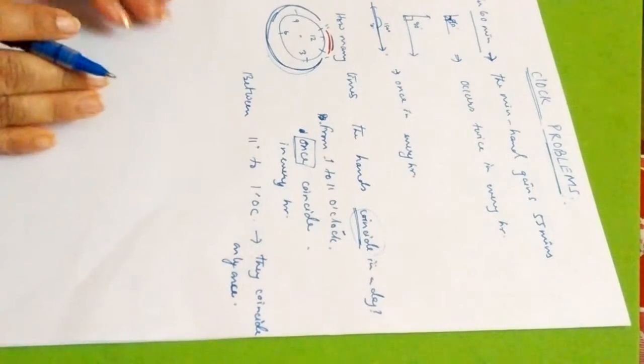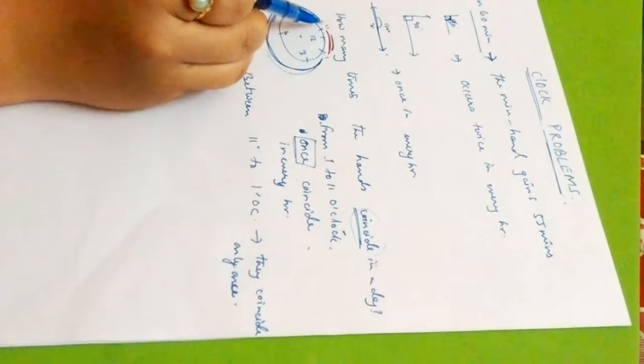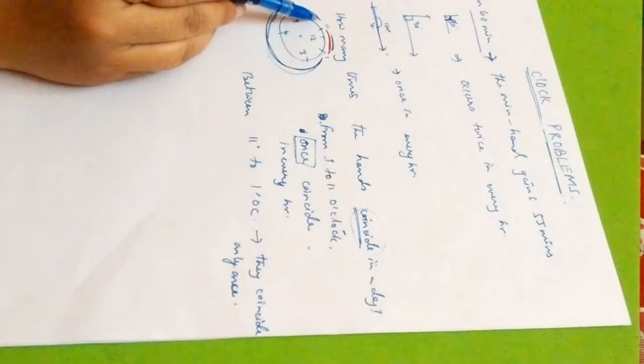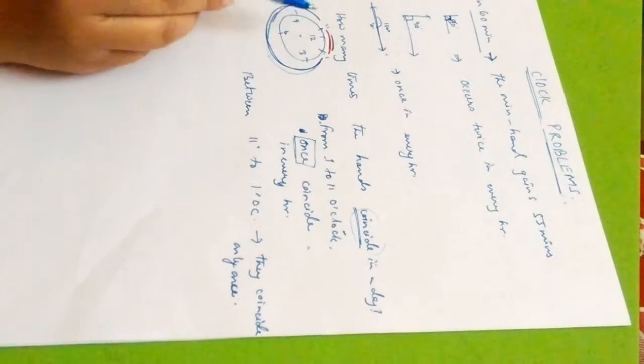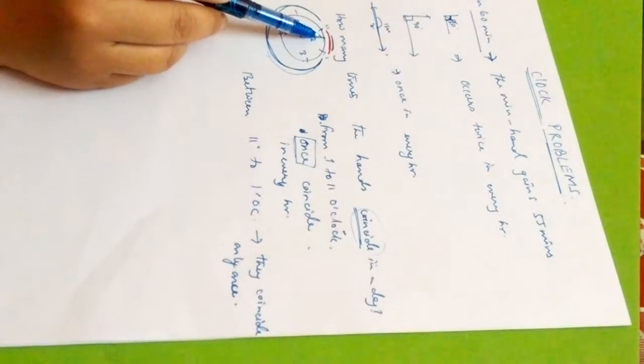So how many times is the clock actually coinciding? From 1 to 11, we are mainly focused on this 10 times, and from 11 to 1, it coincides one more time.